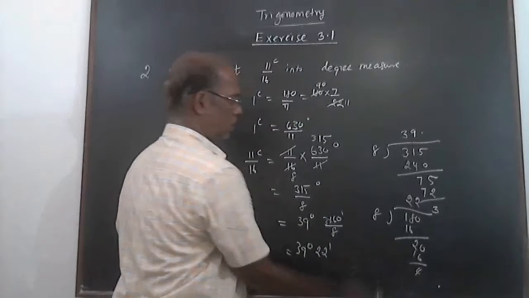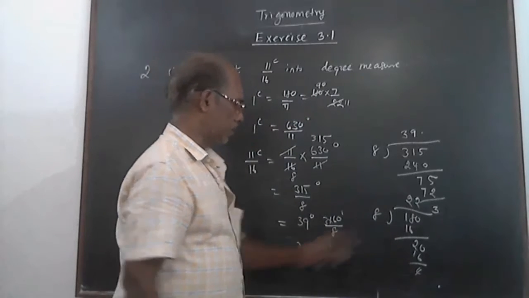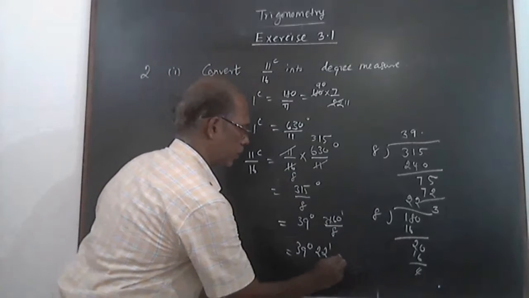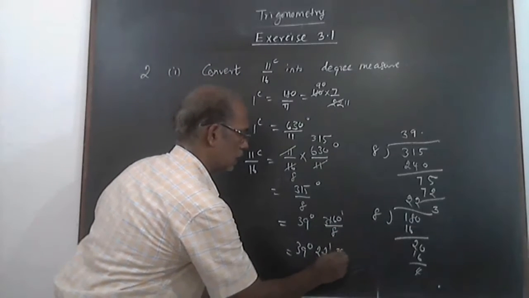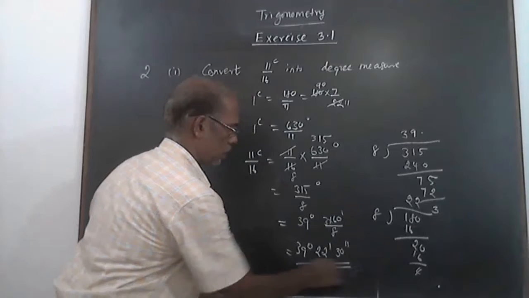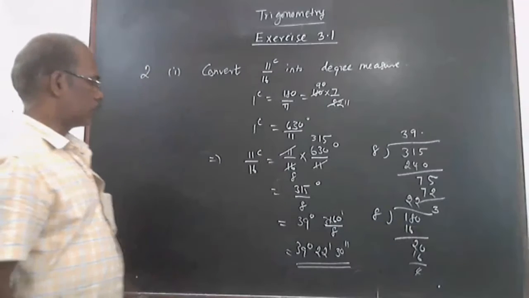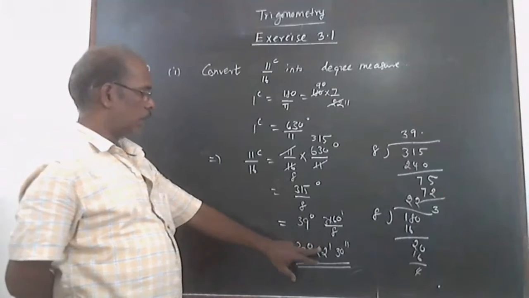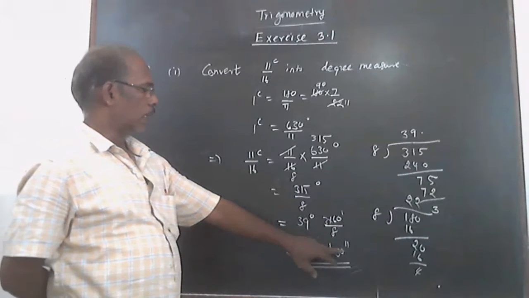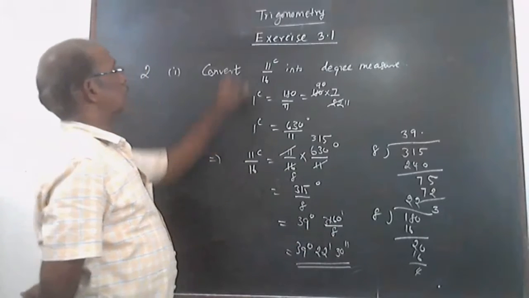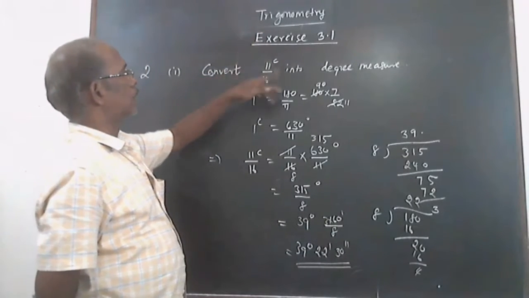And 4 by 8, that is 1 by 2. 1 by 2 is 30 seconds. So 39 degree, 22 minute and 30 second is nothing but 11 by 16 radian.